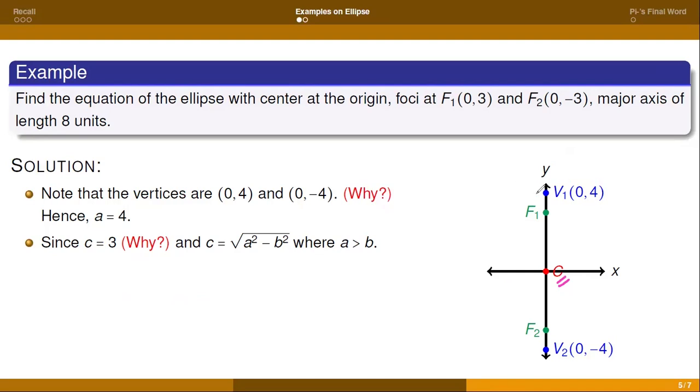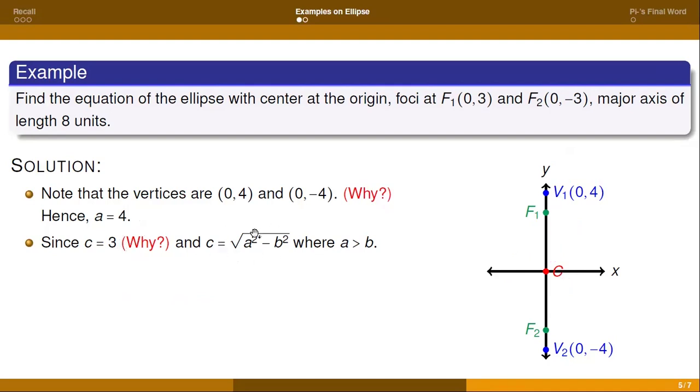So as we have seen earlier, what we add is 4, and the same for this one at the bottom. And then C here is the one that we add to obtain the focus from the center. So this time, from the center (0, 0), to obtain the first focus, we add 3. And we do the same for this one at the bottom. So that is how we obtained A equal to 4 and C equal to 3.